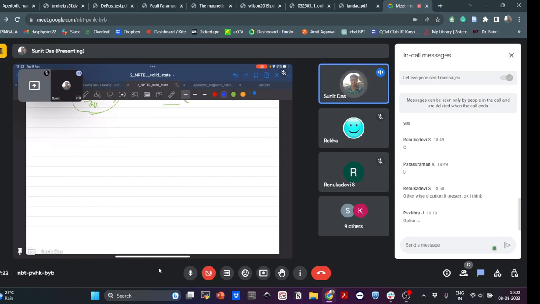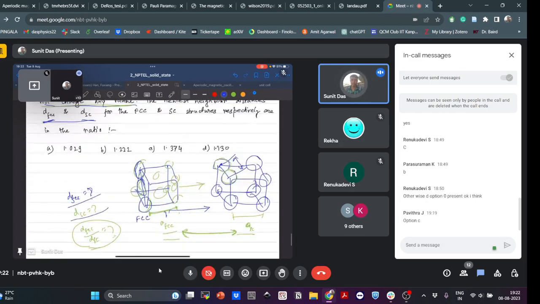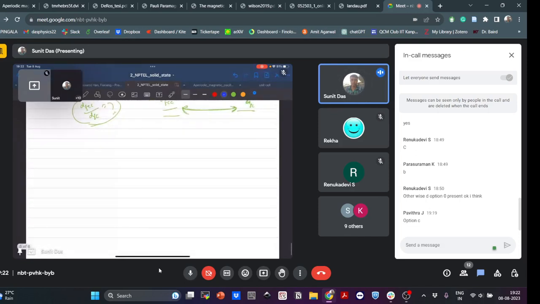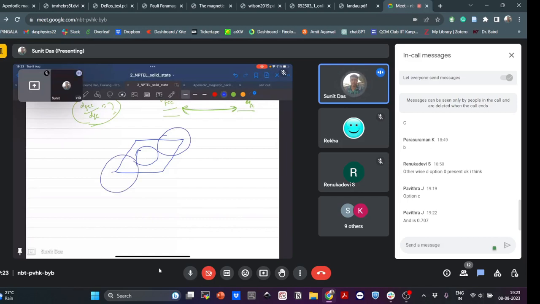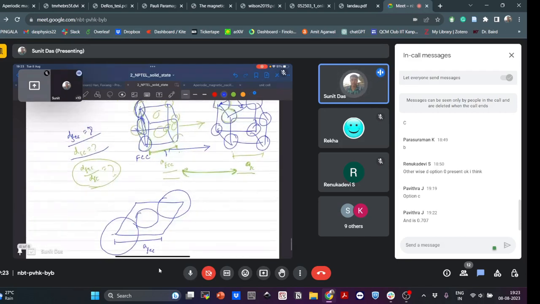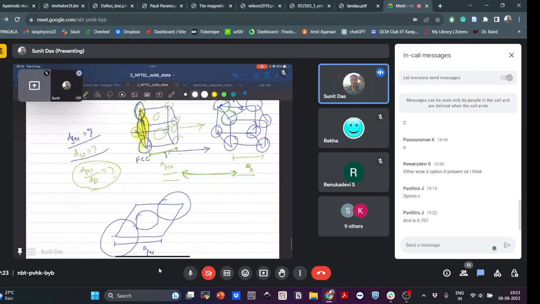Let's first find out the nearest neighbor distance of FCC and simple cubic. So for FCC, it will be like this one. I'm drawing like a rhombus, but it's actually a square, right? Because we are in the cubic crystal. This is, let's say, AFCC, the dimension of the FCC crystal. I'm showing this one face.